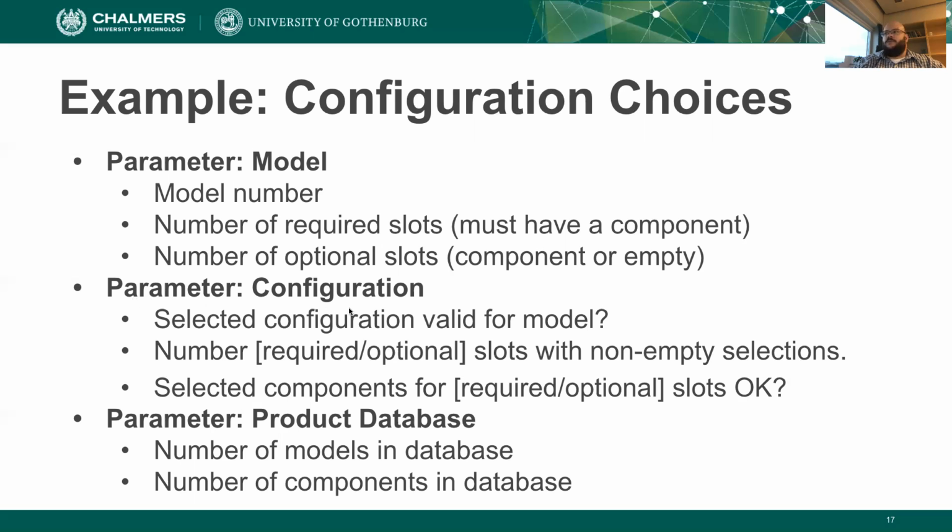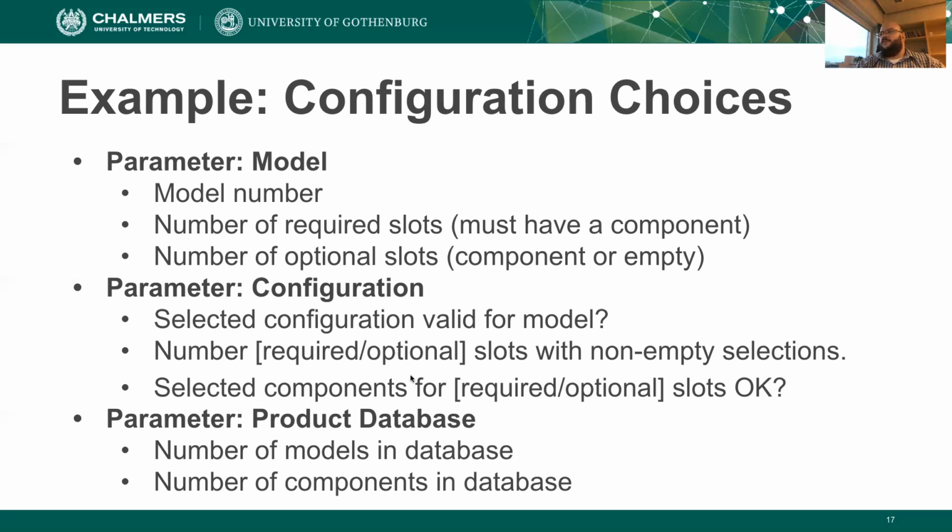For our second parameter, the configuration, one thing we can control is whether it's a valid configuration for that model. When we go to choose the concrete input later, we'll have to come up with one that is valid or invalid. But at this high level, we first decide whether it'll be valid or invalid.